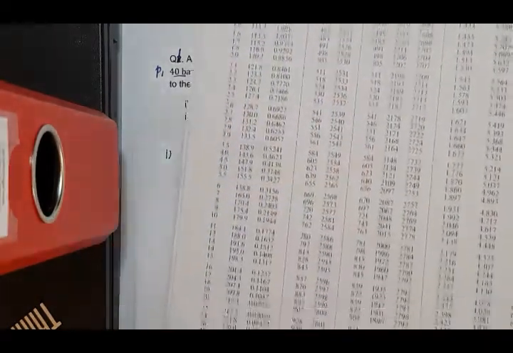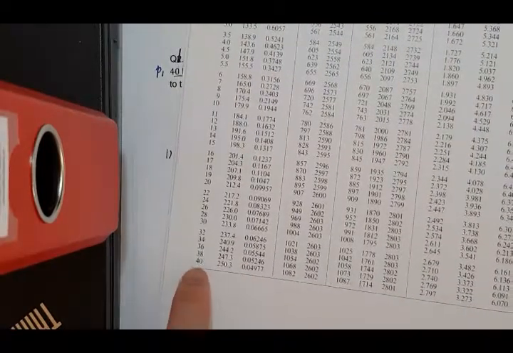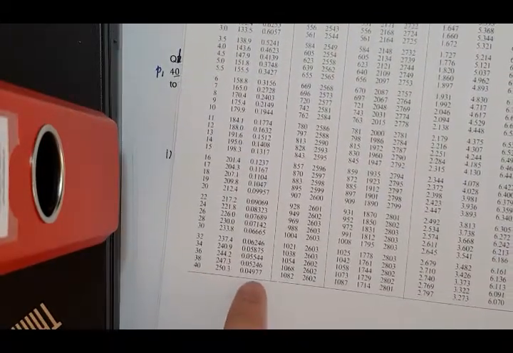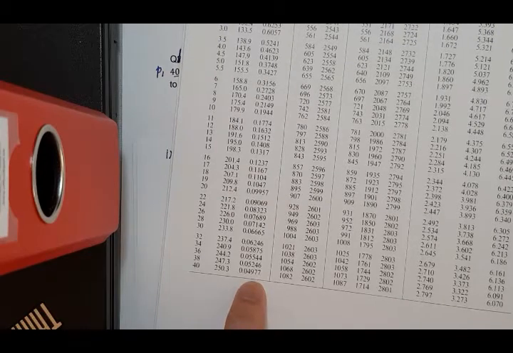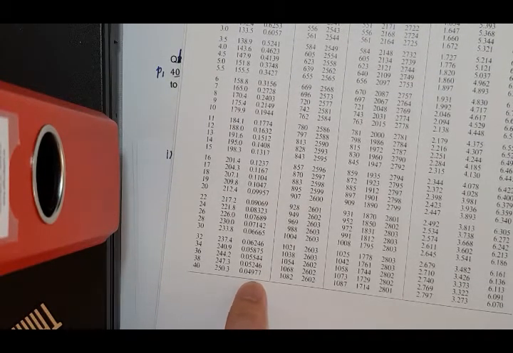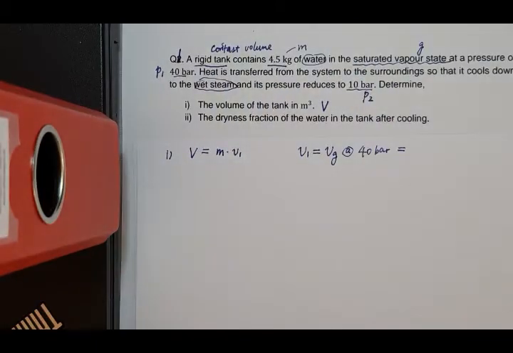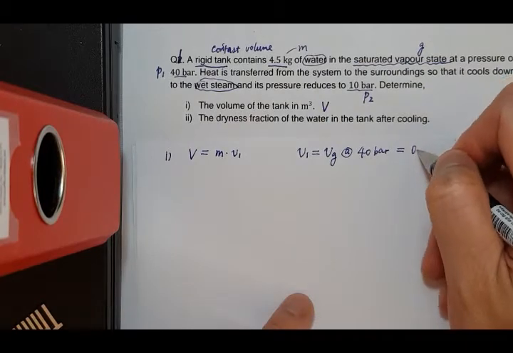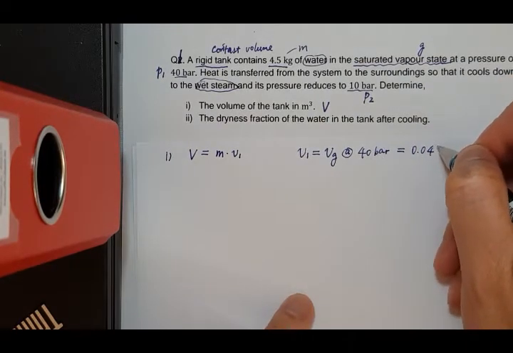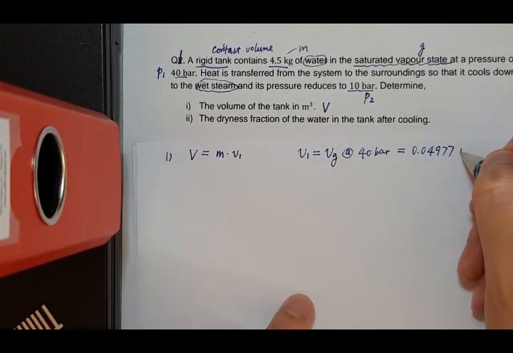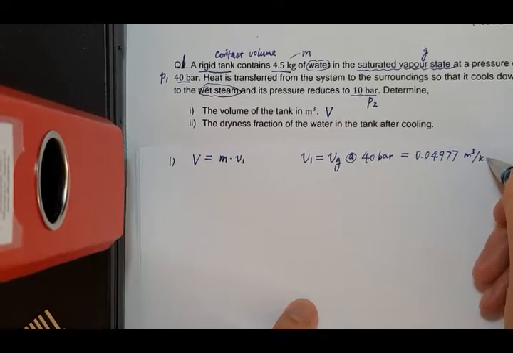So at the pressure of 40 bar, the vg is 0.04977 cubic meter per kilogram. We just need to write down that value: 0.04977 cubic meter per kilogram.